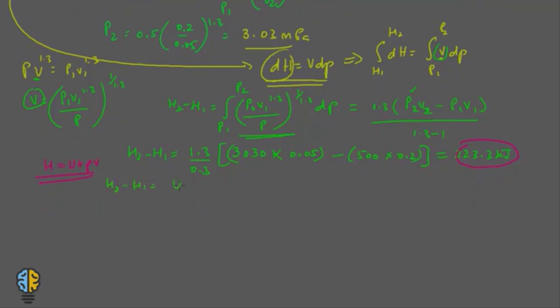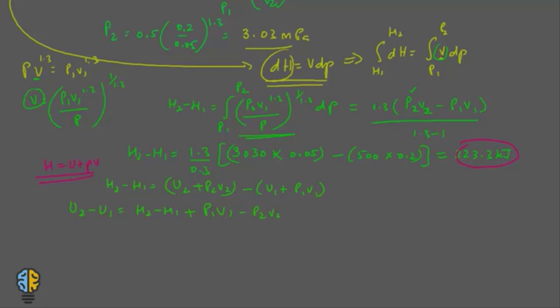So we can write down (U2 plus P2 V2) minus (U1 plus P1 V1). So you put in all the values and find out the value for U2 minus U1, and that would be H2 minus H1 plus P1 V1 minus P2 V2.